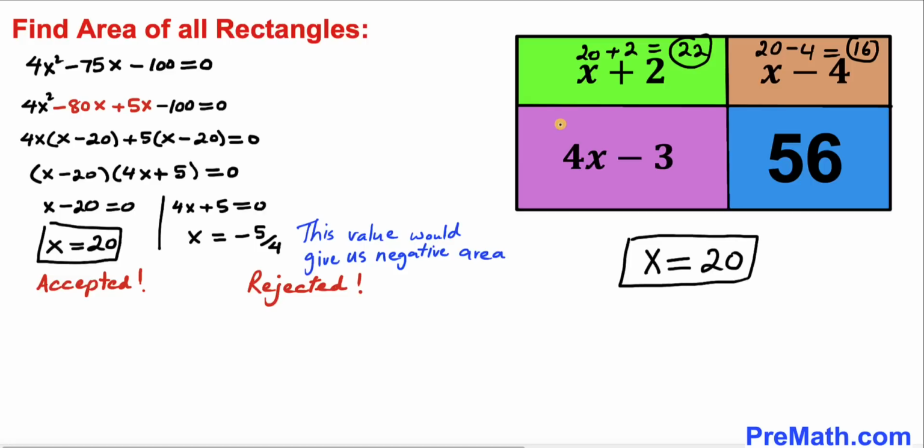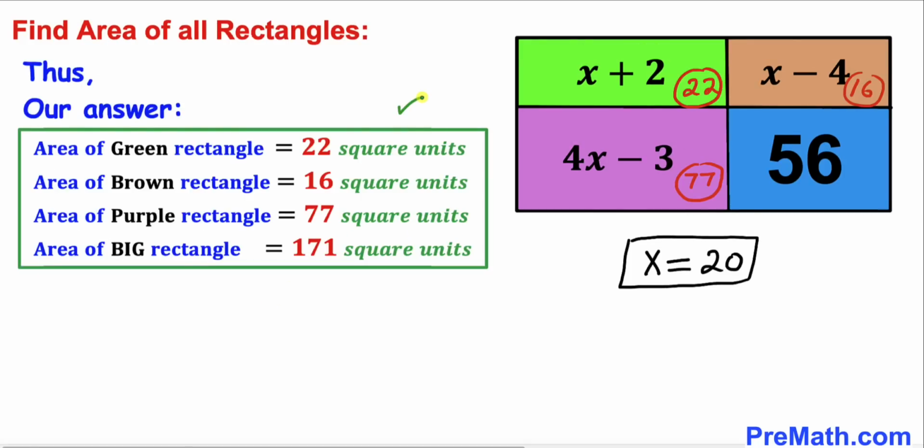For this purple rectangle, it is going to be 4 times 20 minus 3 equal to 77 square units. And here's our complete answer. And as you can see, for this big rectangle, that is going to be the sum of all these individual areas. If we add them, it's going to become 171 square units.